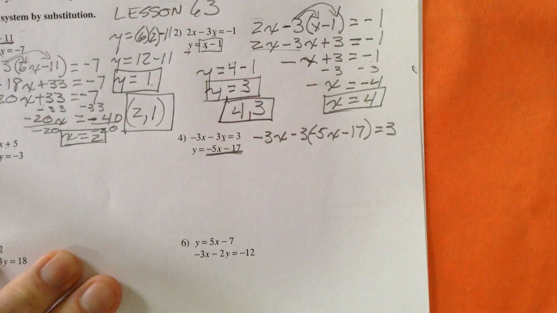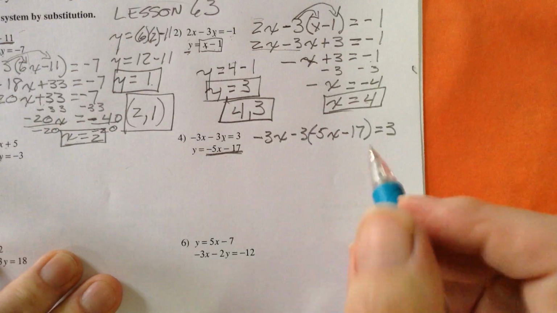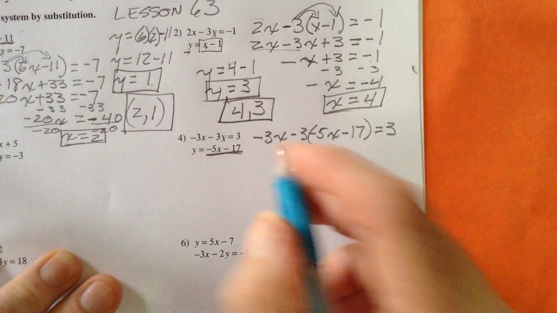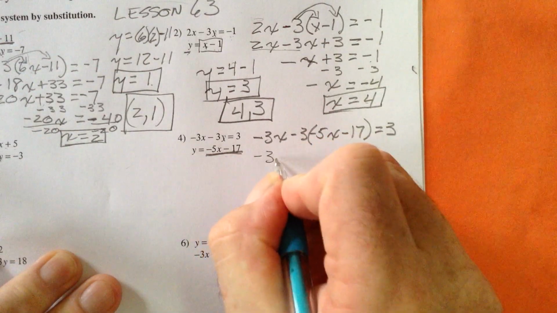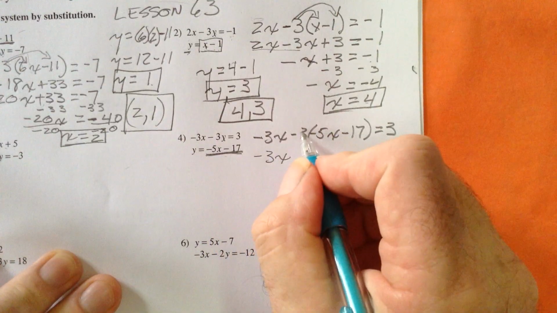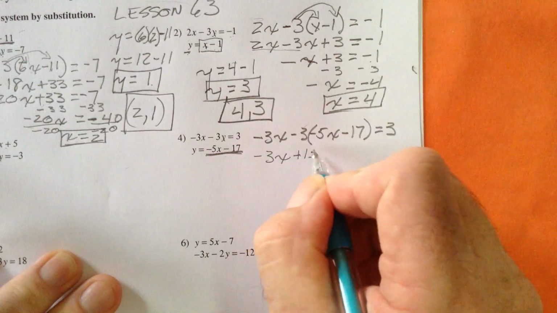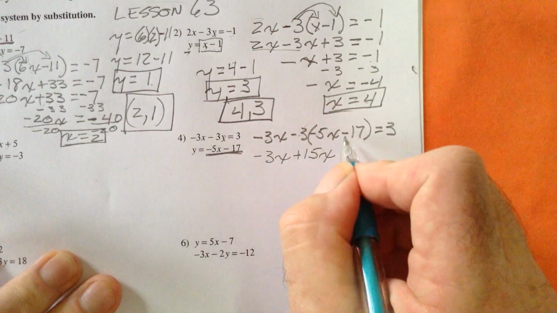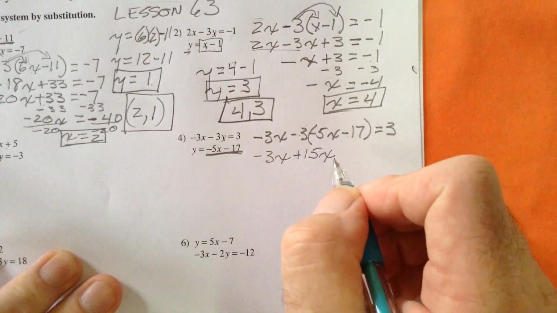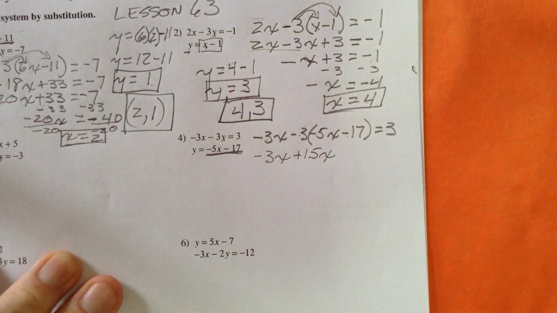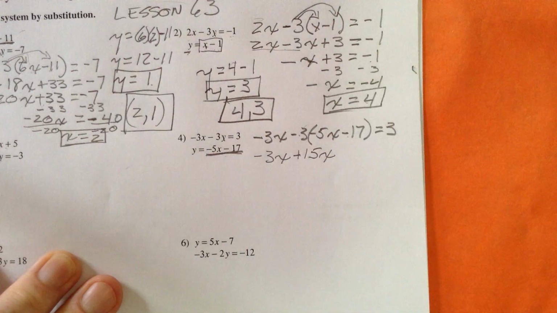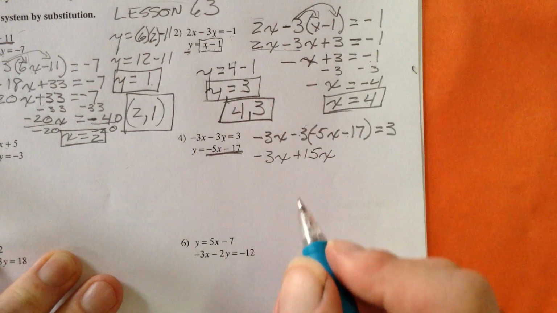Did I do a cheat sheet yet? Nope, let's see how I do here. Okay, so negative 3x, I got to distribute negative and negative is a positive 15x, and negative 3 and negative 17. Let's see, 3 times 17 is 51.